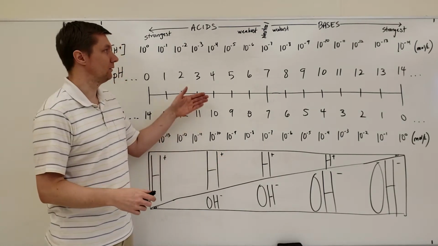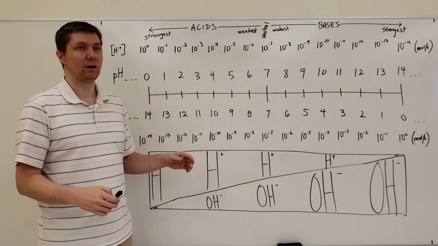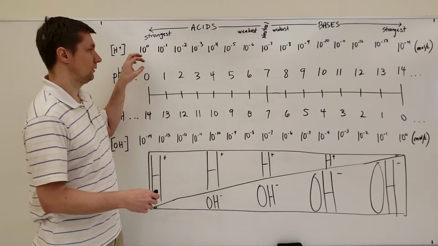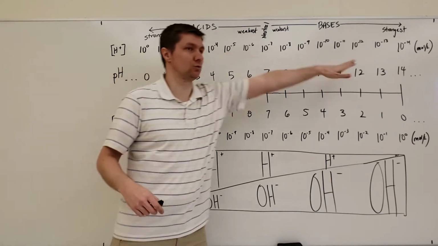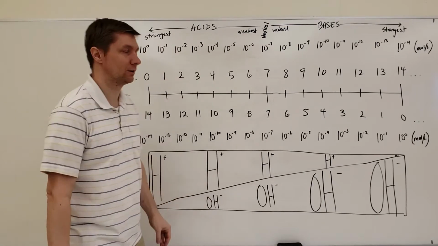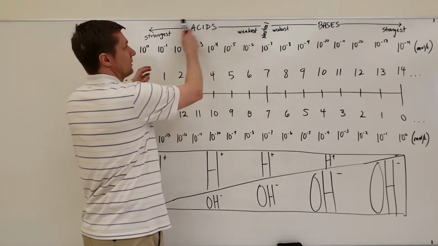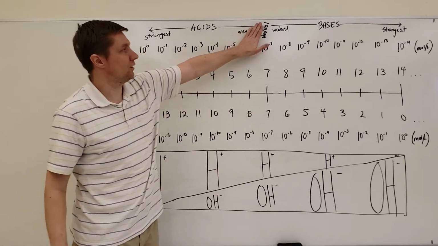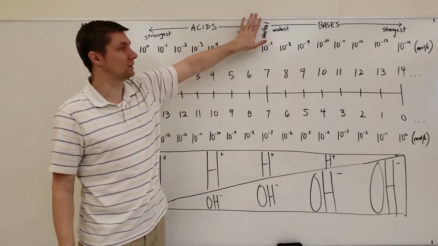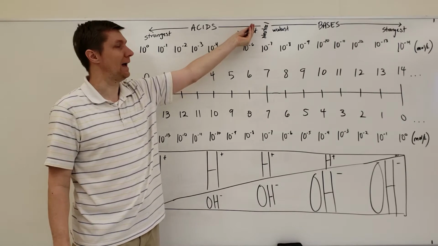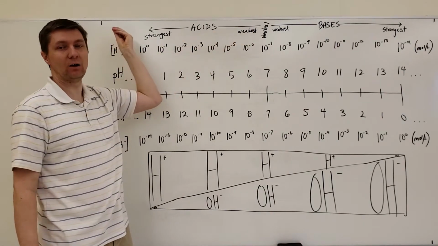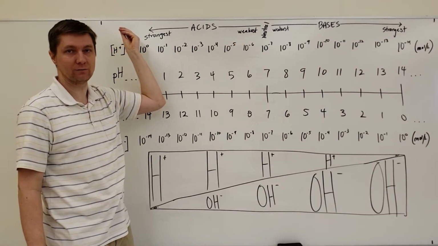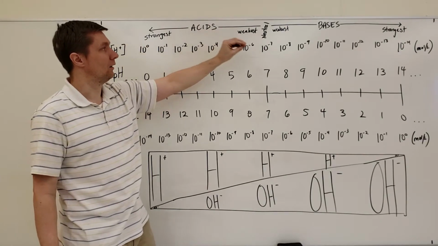On the pH scale, we don't go from, say, strongest acids to weakest acids necessarily. What you can see up here at the top that I've labeled is right here at neutral. Just on this side of neutral, we have the weakest acids. And then the acid strength increases as we move out to the peripheral area of the scale.